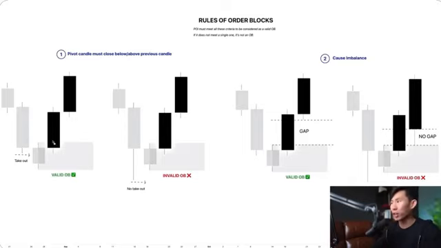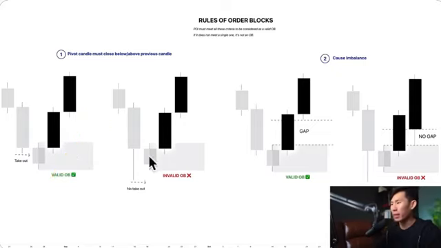After identifying a sharp and substantial upward movement just like this, we are able to identify that this is the pivot candle where we can draw the order block. Now, knowing that this is the pivot candle, you need to ensure that this pivot candle closes below the previous candle, because this indicates that institutional buyers are stepping in, absorbing sell orders and preparing to push price higher.